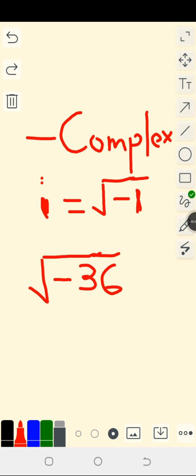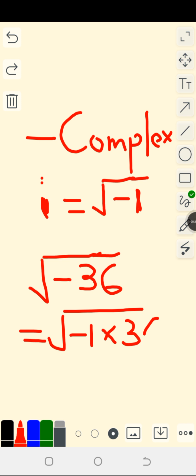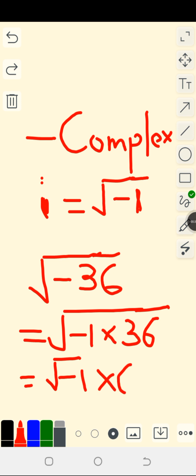So if you want to write the square root of minus 36, that can be written as square root of minus 1 times 36. So you let the 1 have the minus sign. If you want to separate it, you have square root of minus 1 times square root of 36. So that means you separated them.